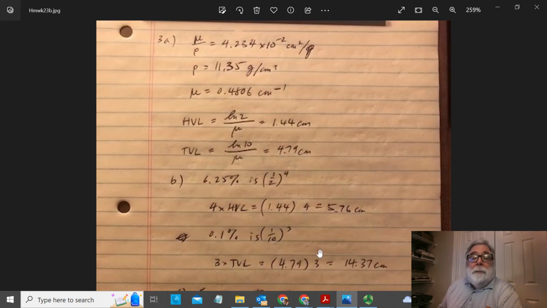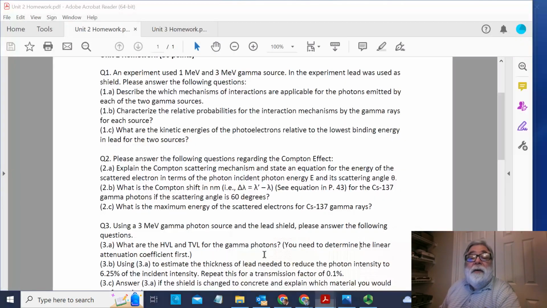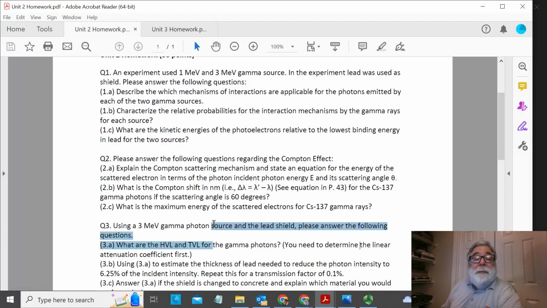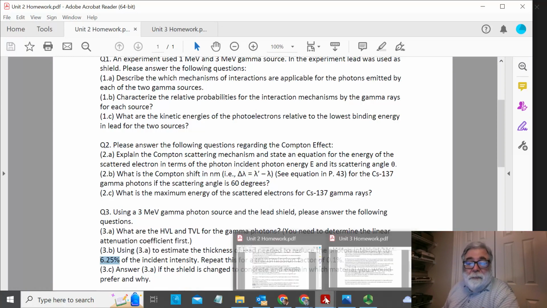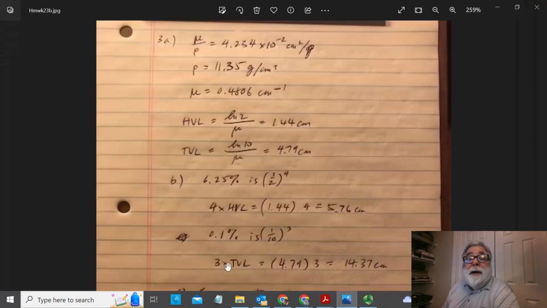Now, part B says, based on this information, what's the thickness to reduce it to 6.25%? Some people, and this is perfectly legitimate, went back and recalculated all this, only instead of 2, they put in 0.0625. One helpful thing to realize is 6.25% is a half to the 4th power. It's 4 half-value layers.